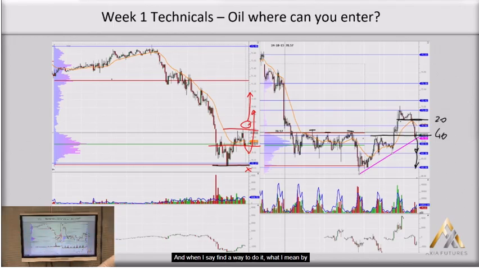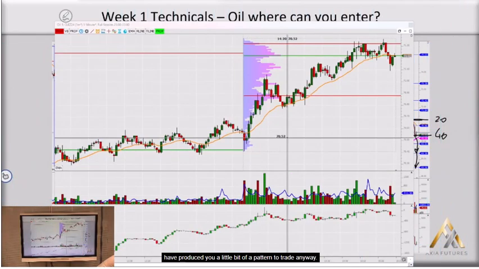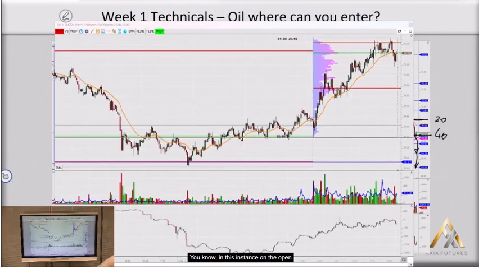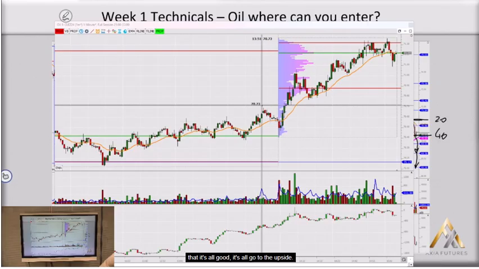And when I say find a way to do it, what I mean by that is get your ladder up. It also doesn't mean that it won't have produced you a little bit of a pattern to trade anyway. You know, in this instance, on the open, it gets up through 60. So as soon as it's done that, it's all good. It's all go to the upside. So if you liked the idea of if it stays above 40, it's a buy, well, there's your buy.